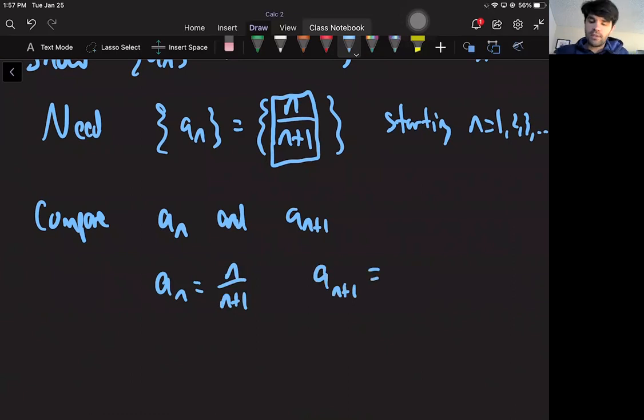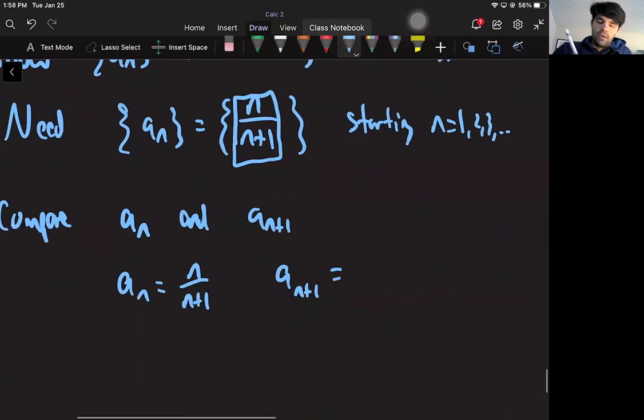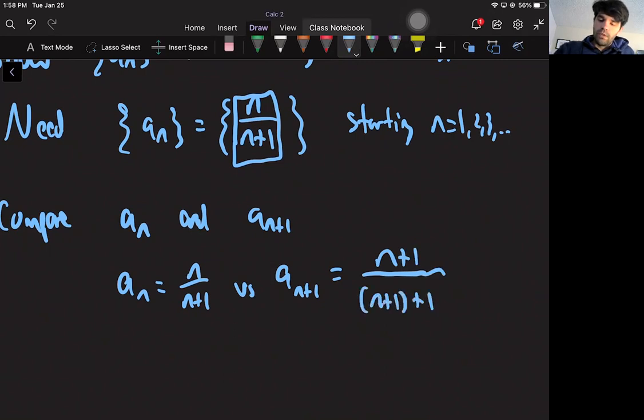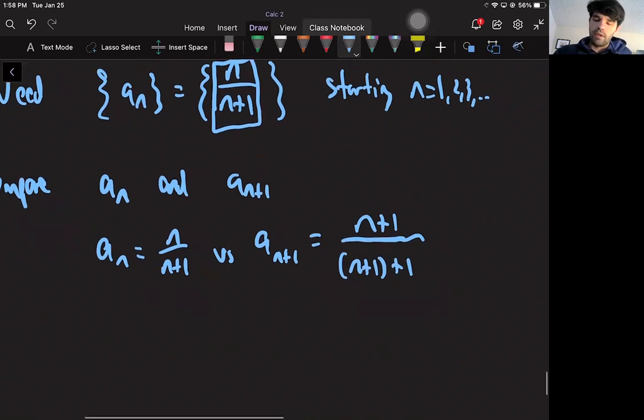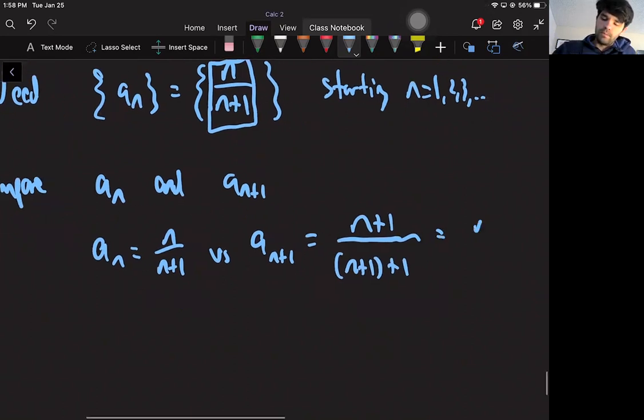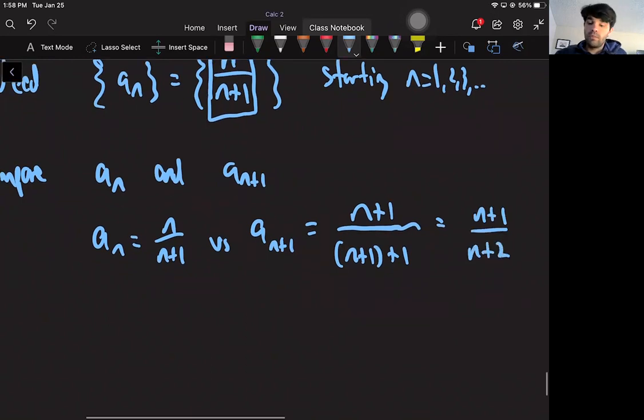That's just the next term, which really means take n and replace it with n plus 1. So this n that was there on top is becoming n plus 1. And the n on the bottom is also becoming n plus 1. So we get something like that, which we can simplify as n plus 1 over n plus 2.